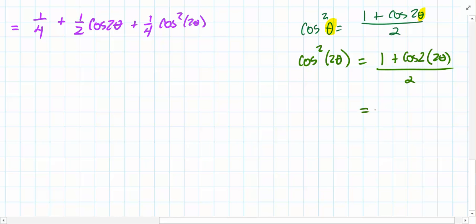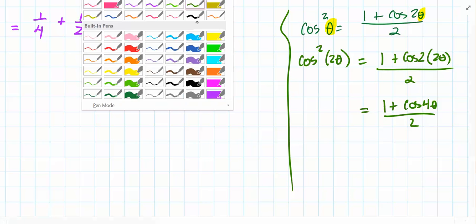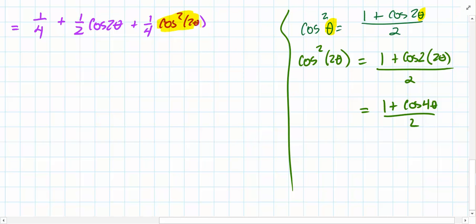So what would that be then? 1 plus the cosine of 4 theta over 2. Now, why did I teach this little sidebar thing? Because you'll notice that it's right here. Do you see that? A cosine squared of 2 theta is going to become all of this stuff right here. You guys with me?